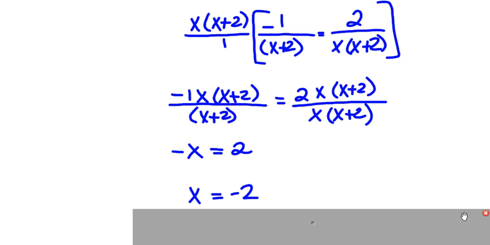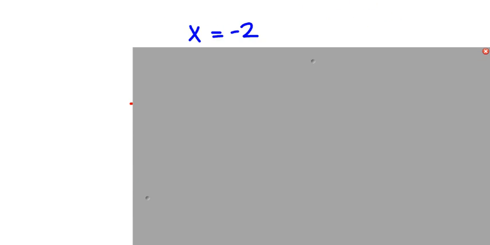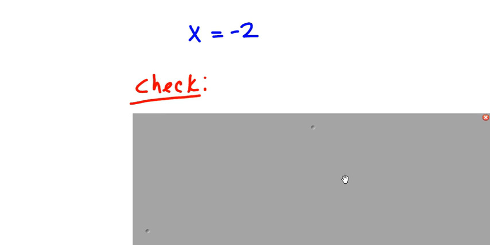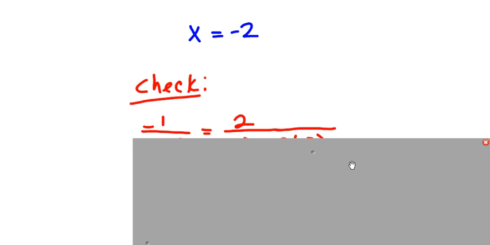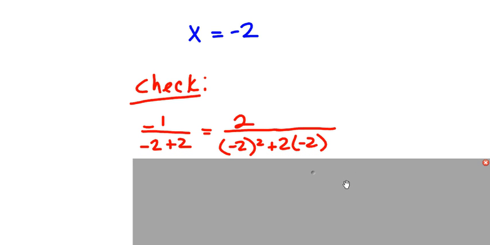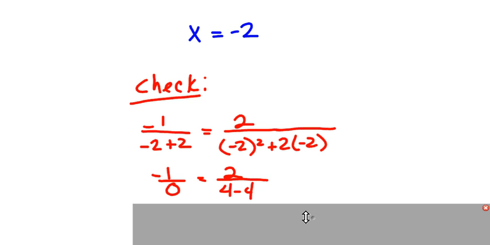Now that we've solved for x, we have to substitute its value into the original equation to make sure that it's not an extraneous solution. So we substitute our value for x and simplify according to our order of operations.